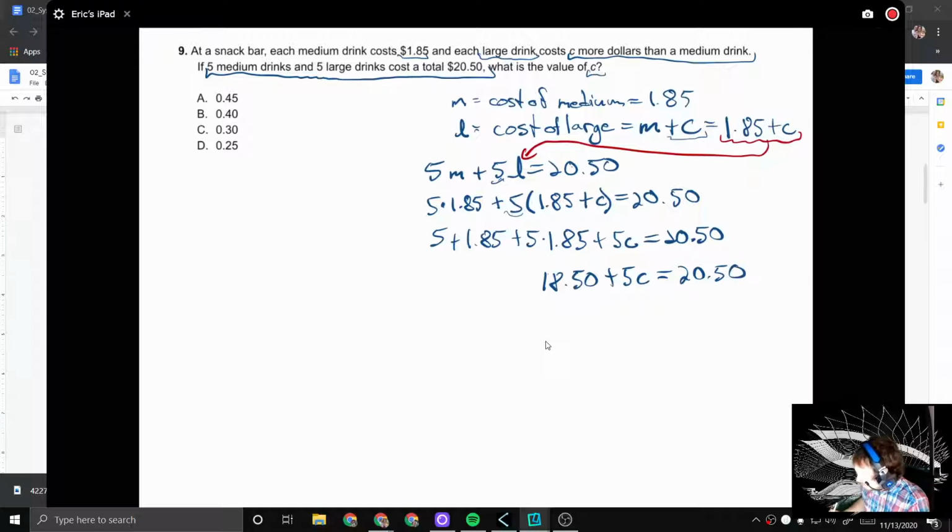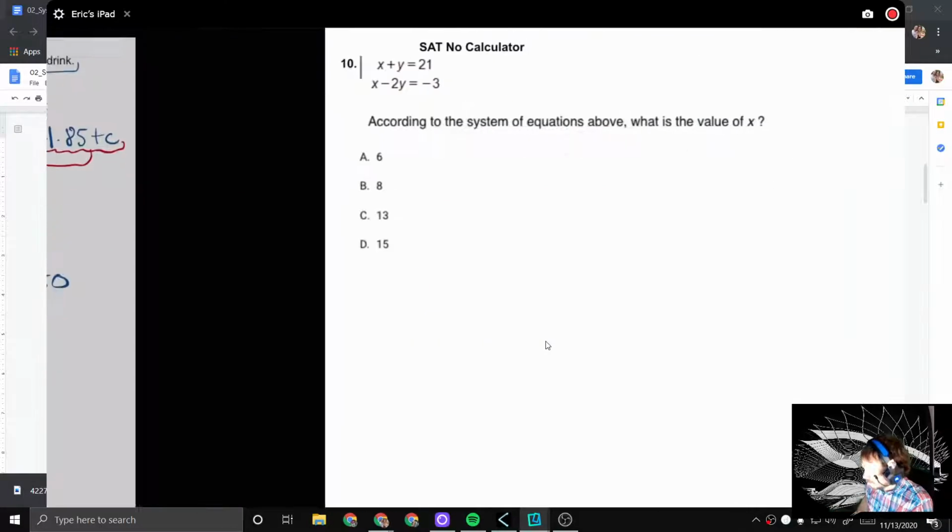Subtract 18.50 from both sides. 5C equals $2. C is 2/5 of a dollar, or 4/10 of a dollar, or 40 cents.